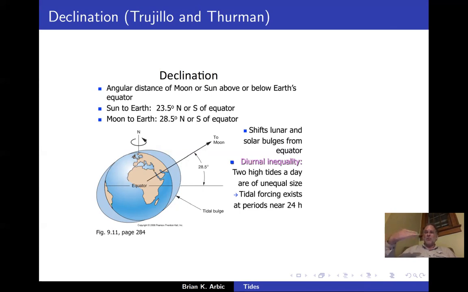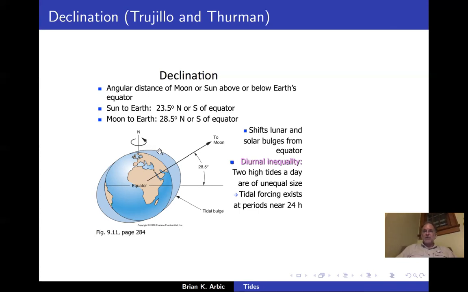The lunar orbital plane is tilted with respect to the ecliptic by 5 degrees, and the Earth's spin axis is tilted by 23.5 degrees. You get the same effect with the sun, but then it's only due to obliquity, 23.5 degrees. So every day you see two high tides, but they're unequal.